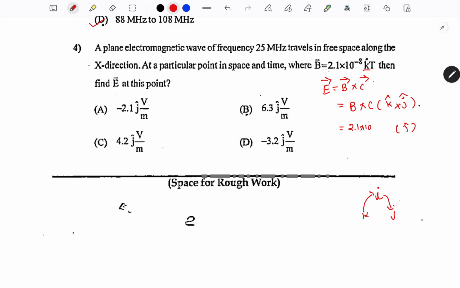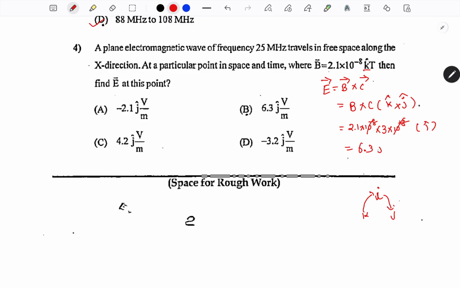And on putting the values, the answer will be 2.1 into 10 to the power minus 8 multiplied by the speed of light, 3 into 10 to the power plus 8. So this will be cancelled out, and 2.1 times 3 means 6.3.